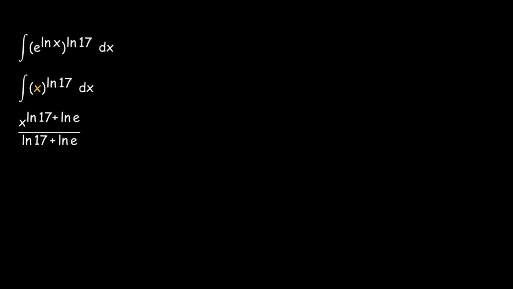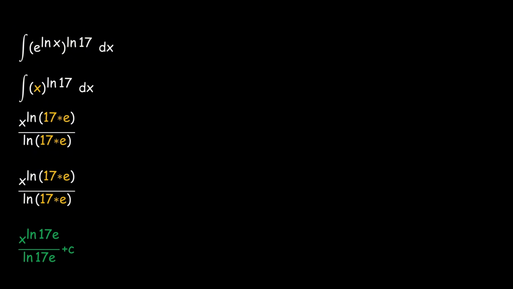So this would be the natural log of 17 times e over the natural log of 17 times e, and we get x to the power natural log of 17e over natural log of 17e plus c. Okay, a lot of manipulations going on, but then it's good.